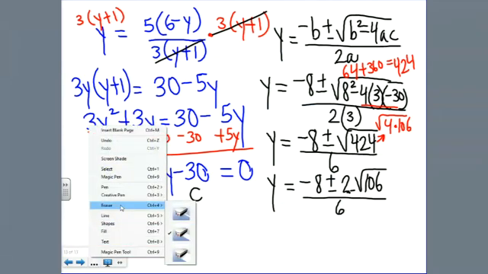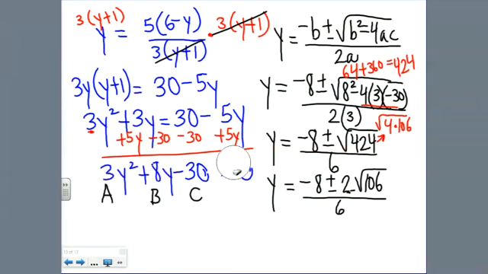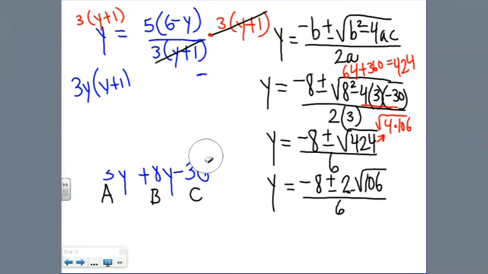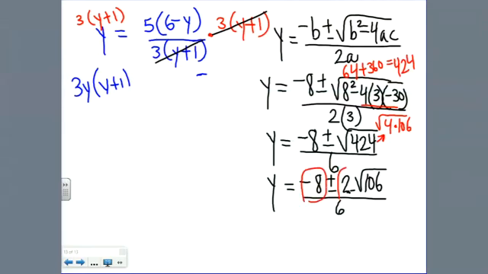Now the last step, always check your fraction to see if it can be reduced. Negative 8, 2, and 6 can all be divided by 2. So when we divide each number by 2, that will give us our simplified answer.